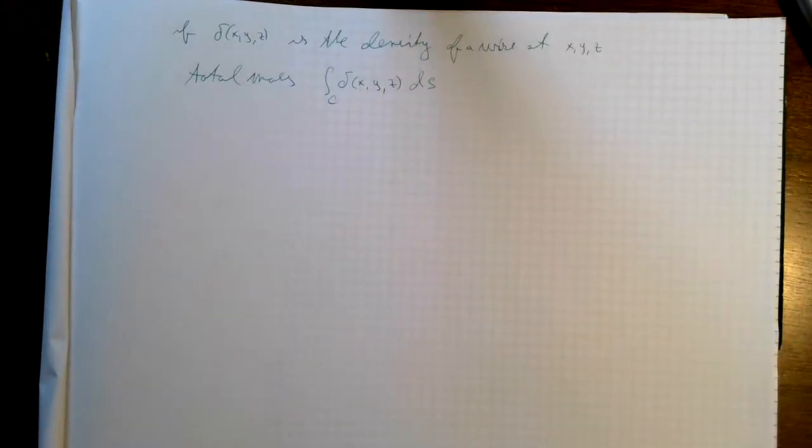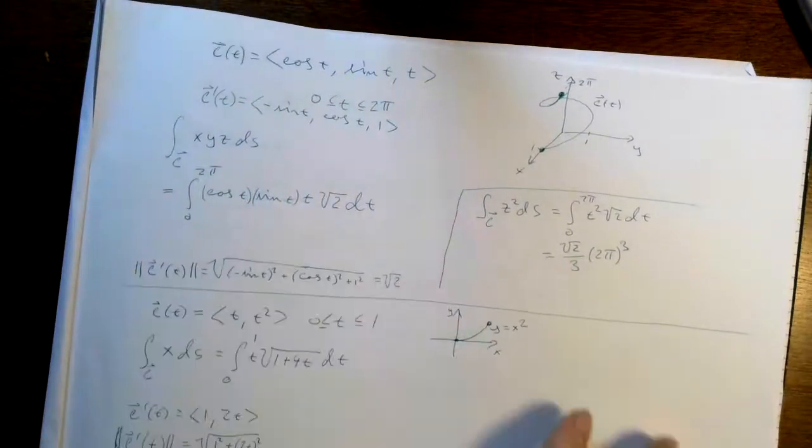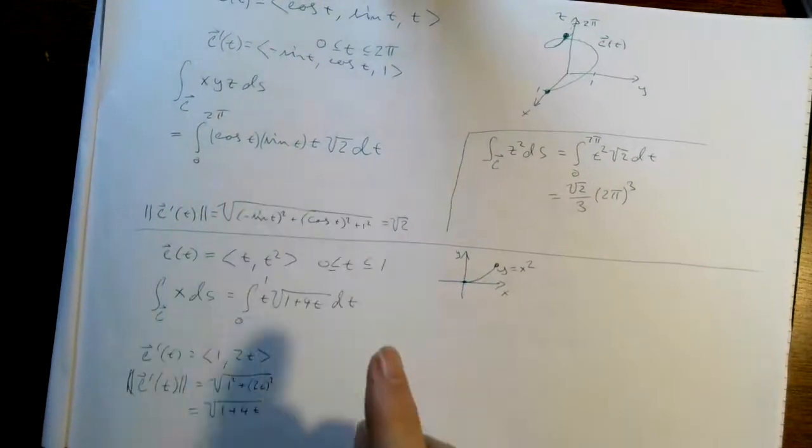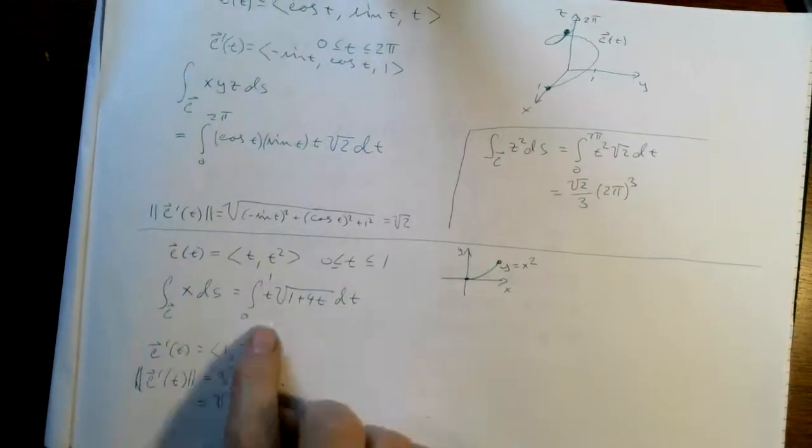Strange, even though they're more useful in some sense, they're also easier to compute because they don't have that ugly square root in them. That's really what made all these examples that I was too lazy to do the Calc 1 stuff on hard. It was that square root.